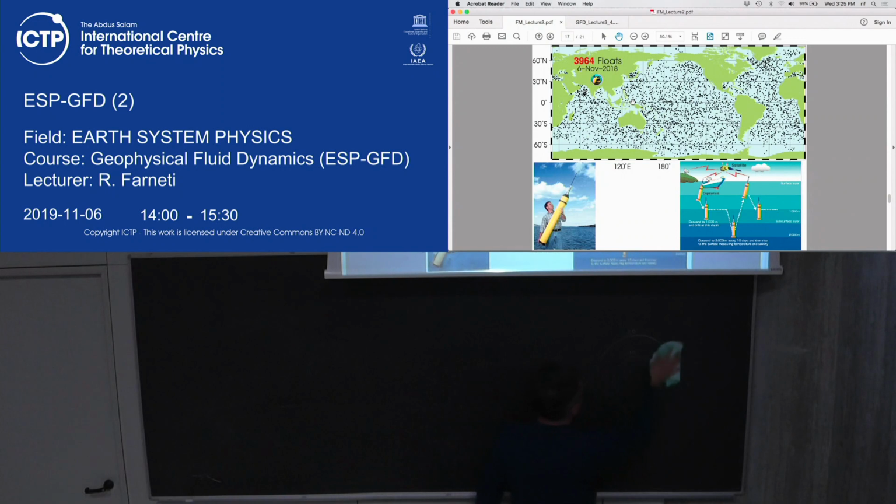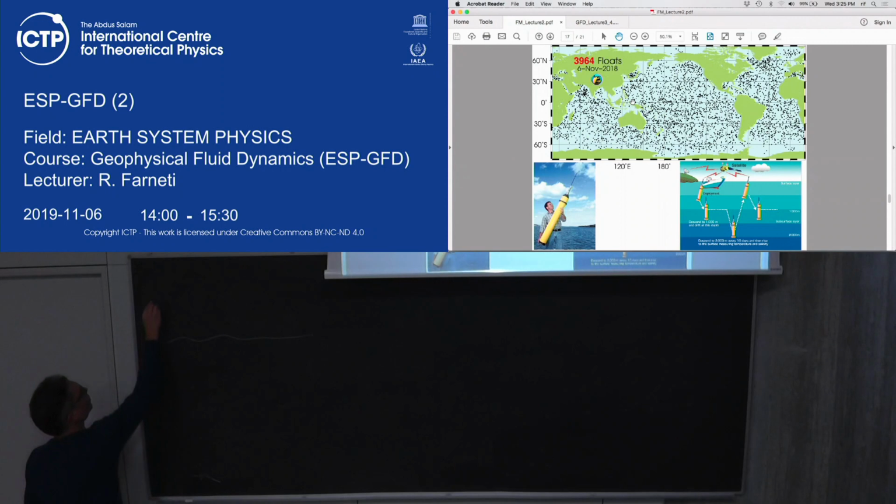If they want to measure inside of the ocean, they have built this instrument, which is called an Argo float, that big yellow thing. And that Argo float is filled with a liquid.